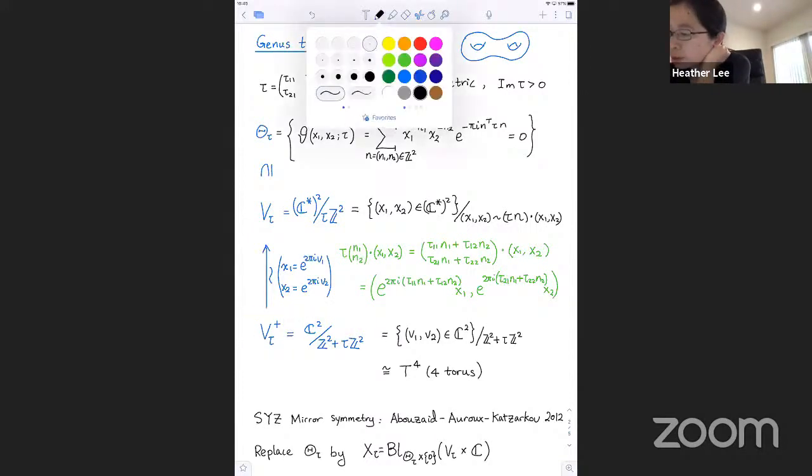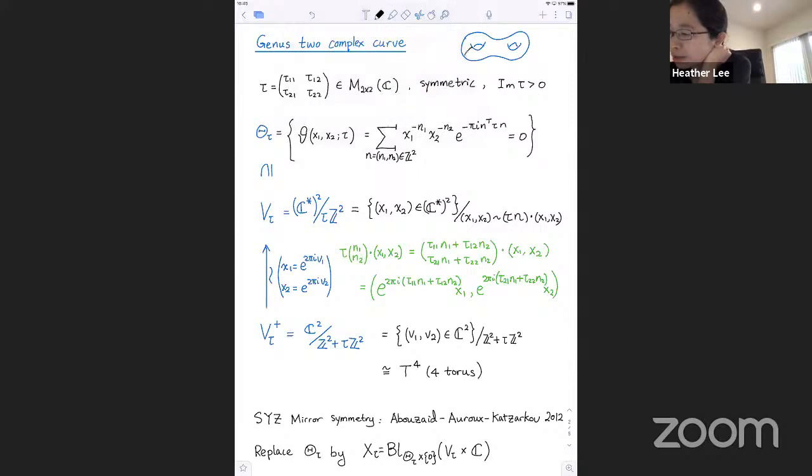You can see here we can have a circle fibration here, here, but then we won't be able to extend it all the way throughout the middle here. This is due to the fact that a genus 2 curve is not Calabi-Yau, it is of general type.